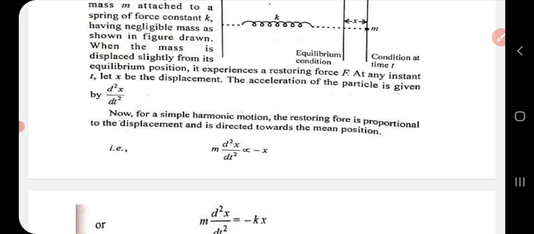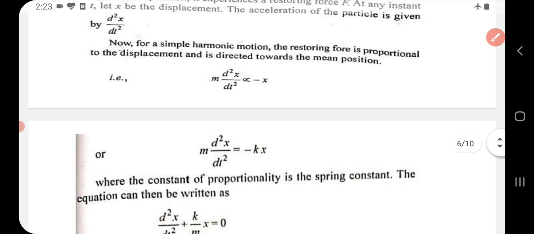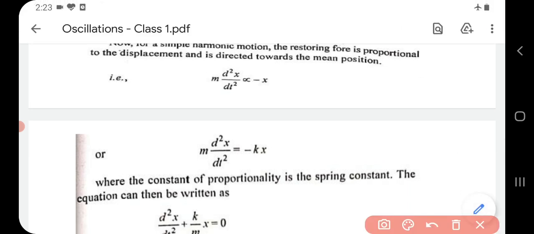So you can write restoring force, that is force equals mass into acceleration, that is m into d square x by dt square. That is your restoring force. It is directly proportional to displacement x. But since it is directed opposite to the direction of displacement, we put a negative sign. That is why we write m d square x by dt square proportional to minus x. Now in order to remove the proportionality sign, you put an equal to, and you introduce a constant of proportionality k, which is nothing but the spring constant.